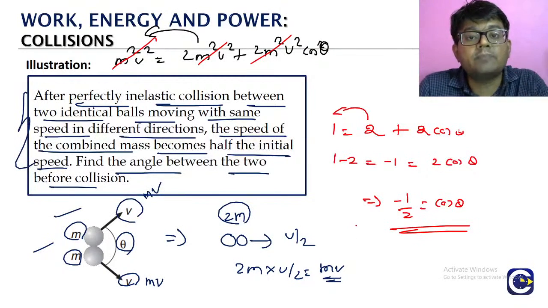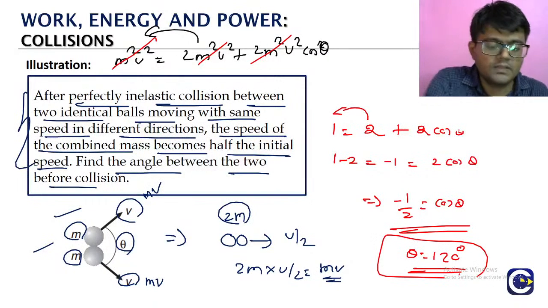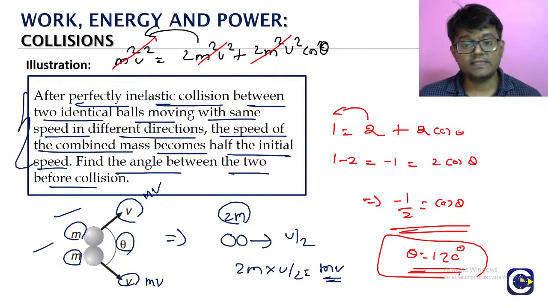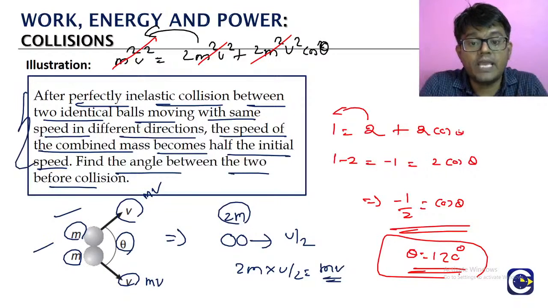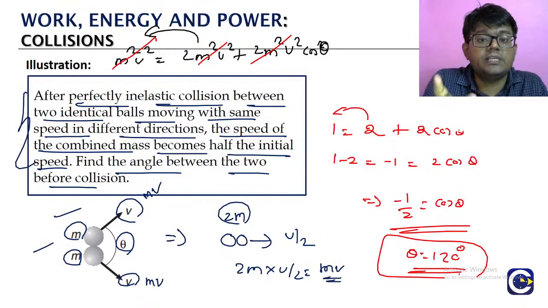Cos theta is minus half, means theta will be equal to 120. What is cos 120? Minus half, right? Now you may think, why are we not giving general angle? Because remember, angle between two vectors will be always within the range 0 to 180.